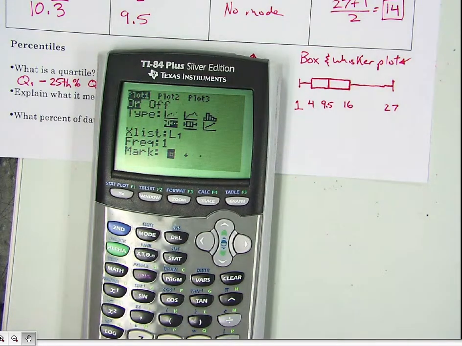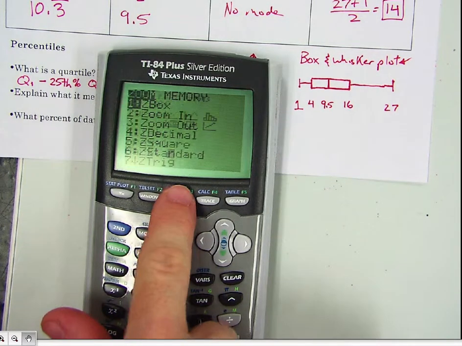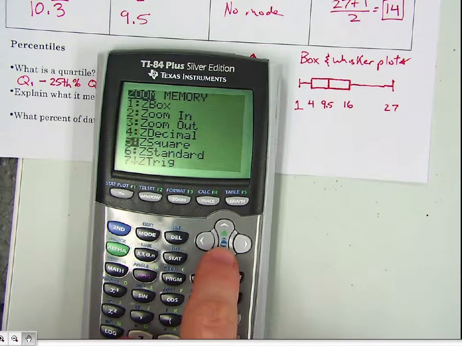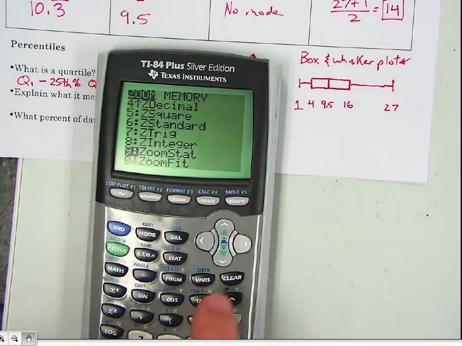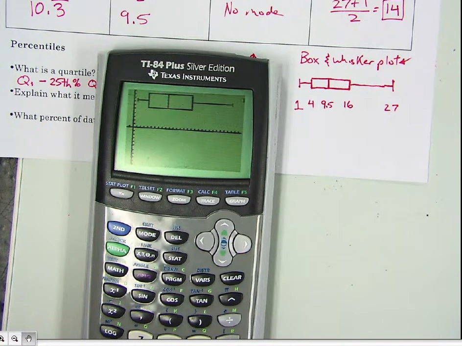Now, we want to make sure when we push graph that it actually zooms into where our data is. So now you're going to push zoom and go down to Z-stat, zoom stat right there. So it's going to zoom in to where the statistics are. Change the window, and it gives you a nice box and whisker plot right there.